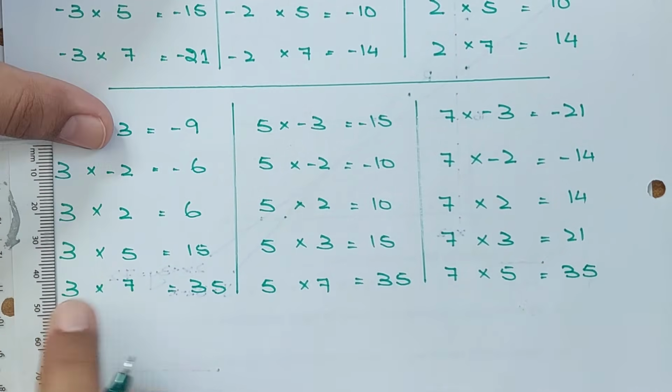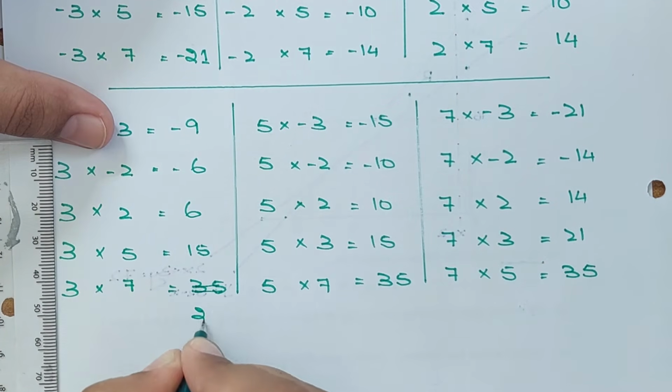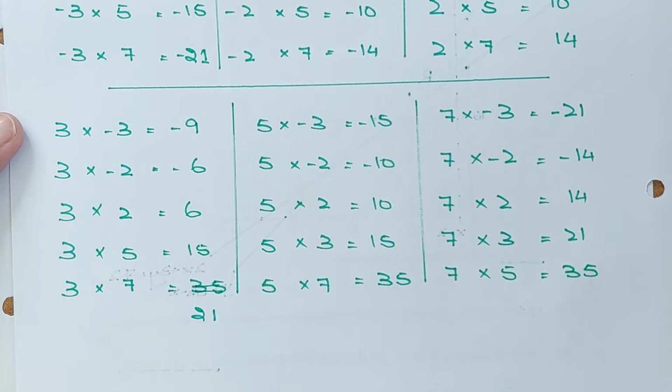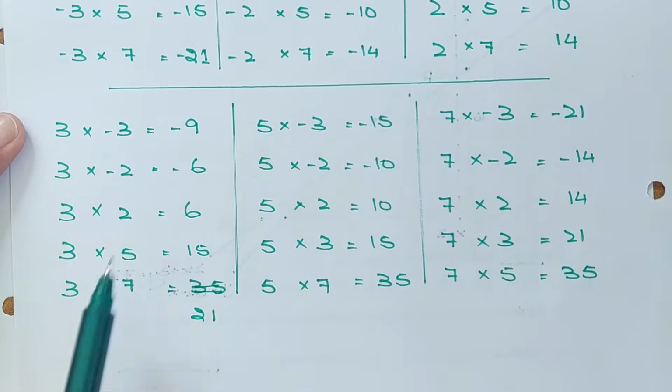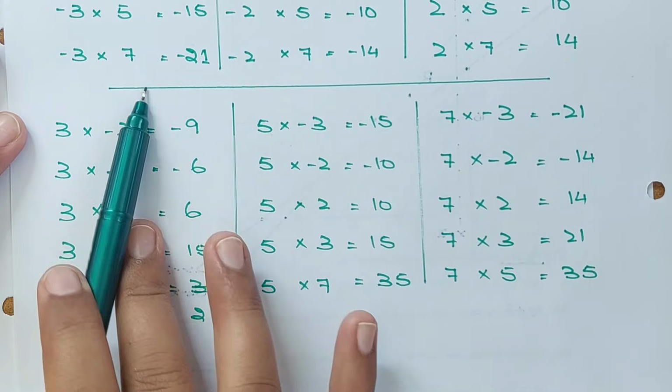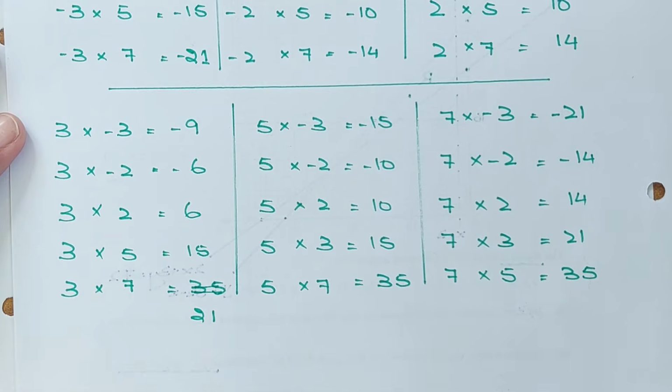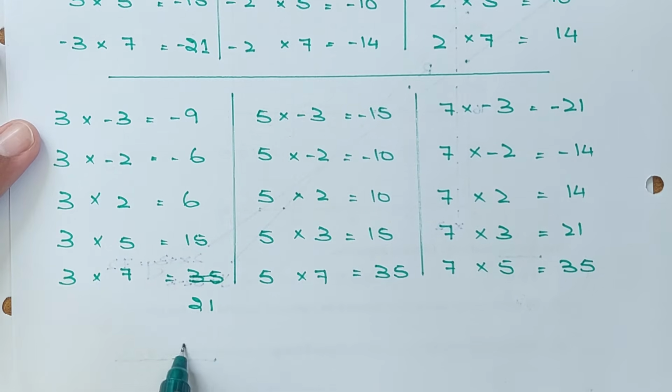Sorry, 7 times 3 is 21. This was wrong. Okay, all the outcomes are done. So we have 5, 5, 5, 5, 5, 5. So 5, 10, 15, 20, 25, and 30. So 30 are the possible outcomes.